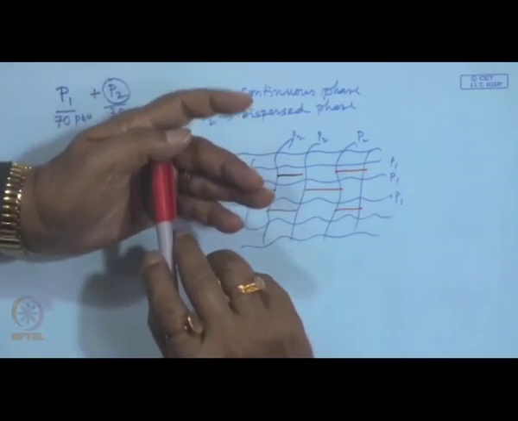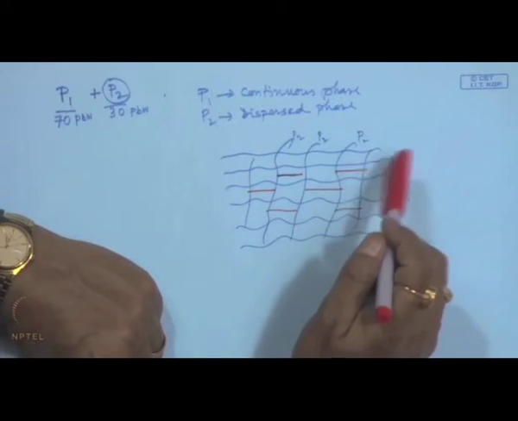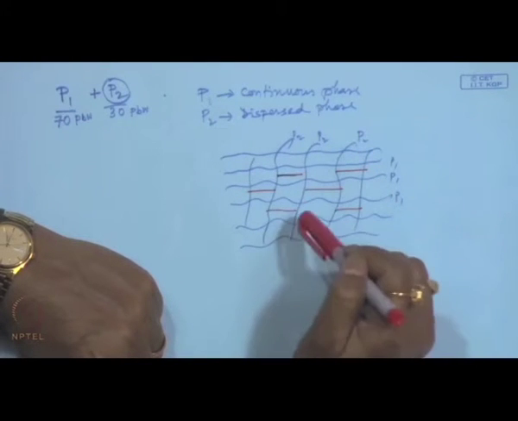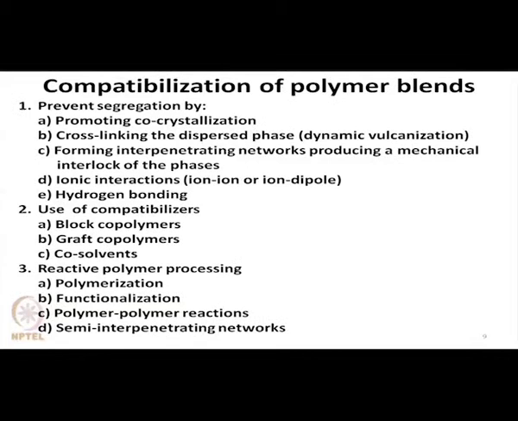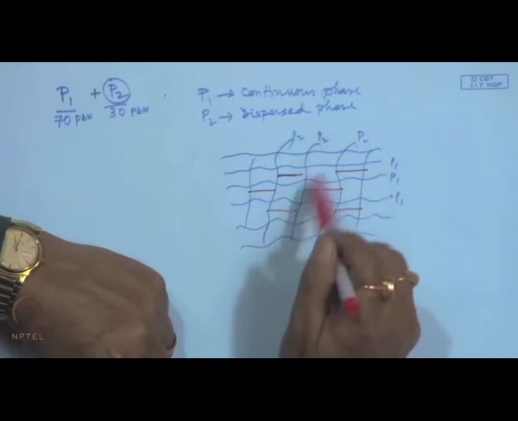So, P1 cannot move away from P2 to separate into a different phase. That can prevent phase separation or segregation. So, this is a compatibilization technique by cross linking.